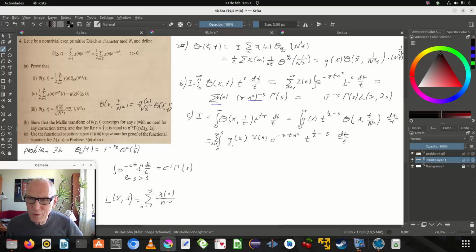Did I do this right? We will see. So it's g of chi, the sum, and then the integral. That's the usual thing.